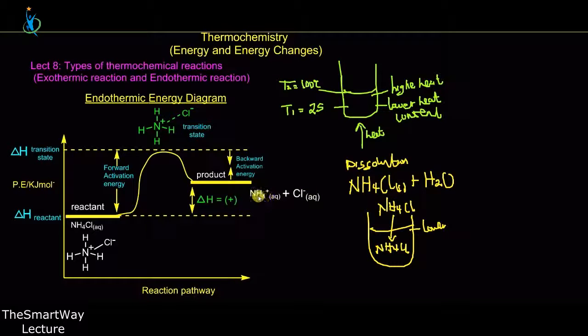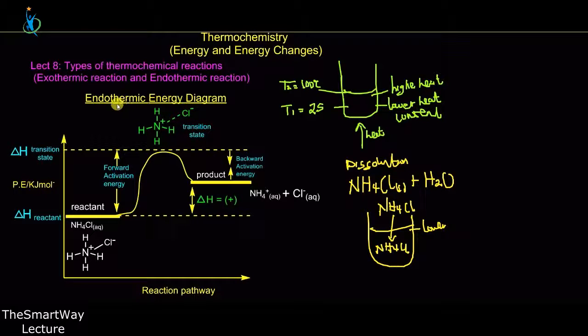But before these are formed, a large amount of energy was required to break down the bonds, and so all the energy went into bond breaking rather than bond formation. As I told you, in all bond formation, energy is given out.